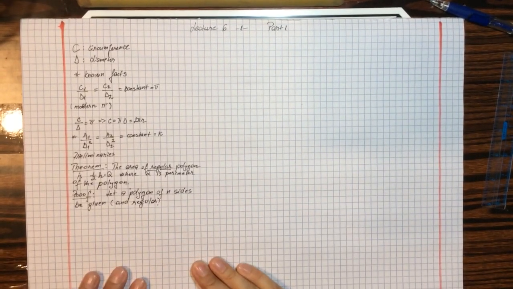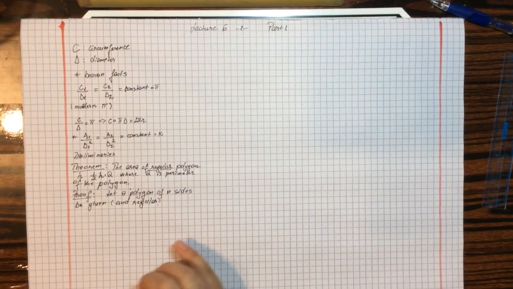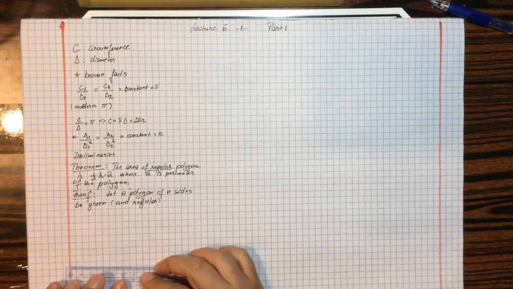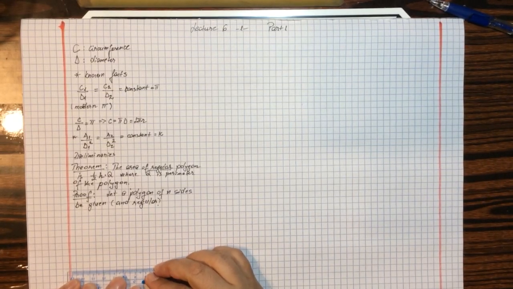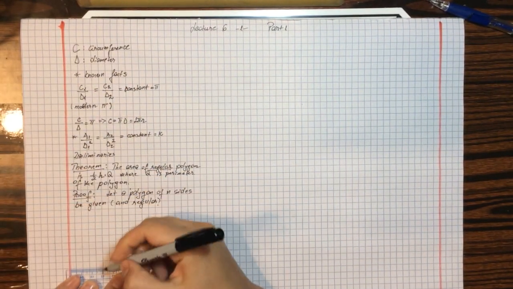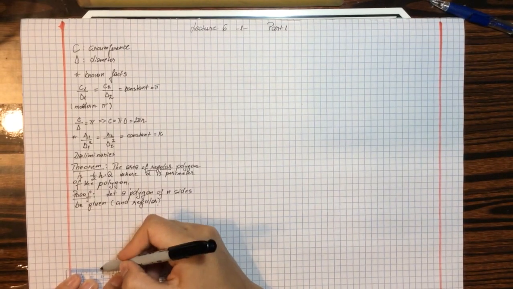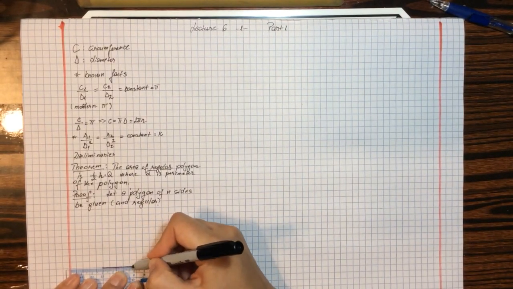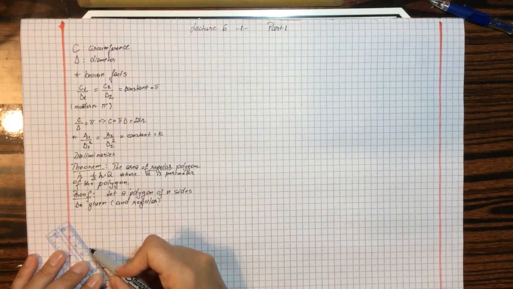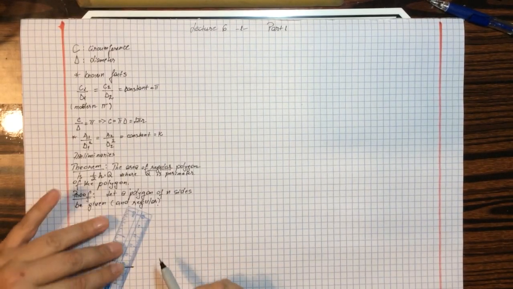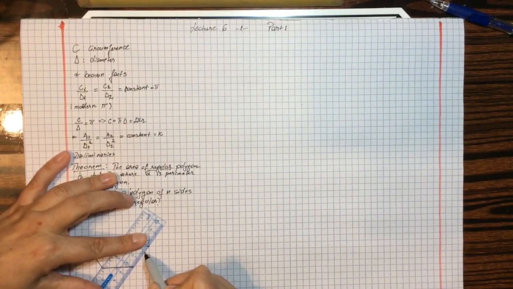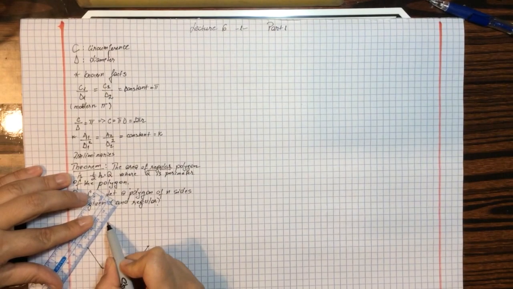So I'm going to draw one. For the sake of simplicity, let's say I draw a hexagon. Let's say I have this regular polygon.